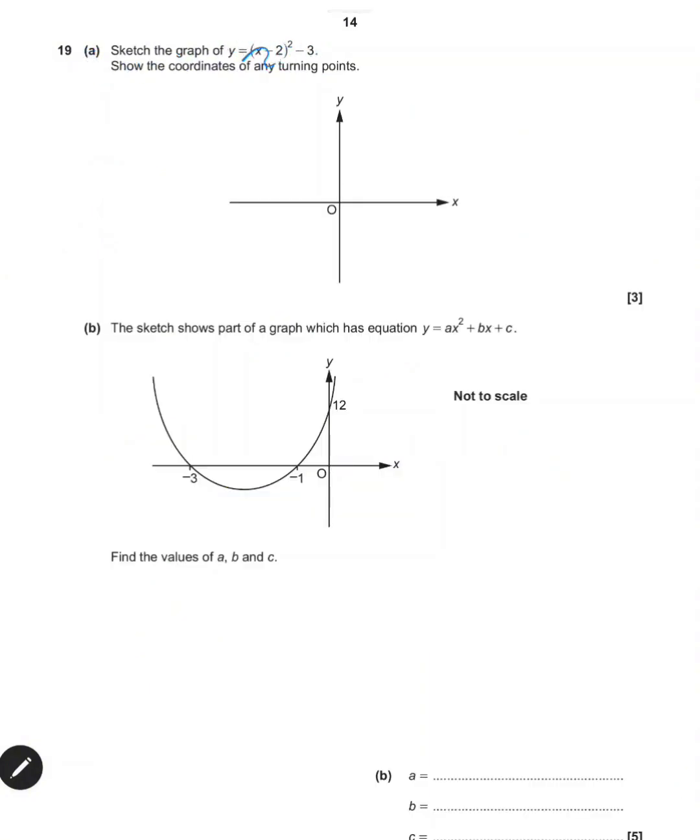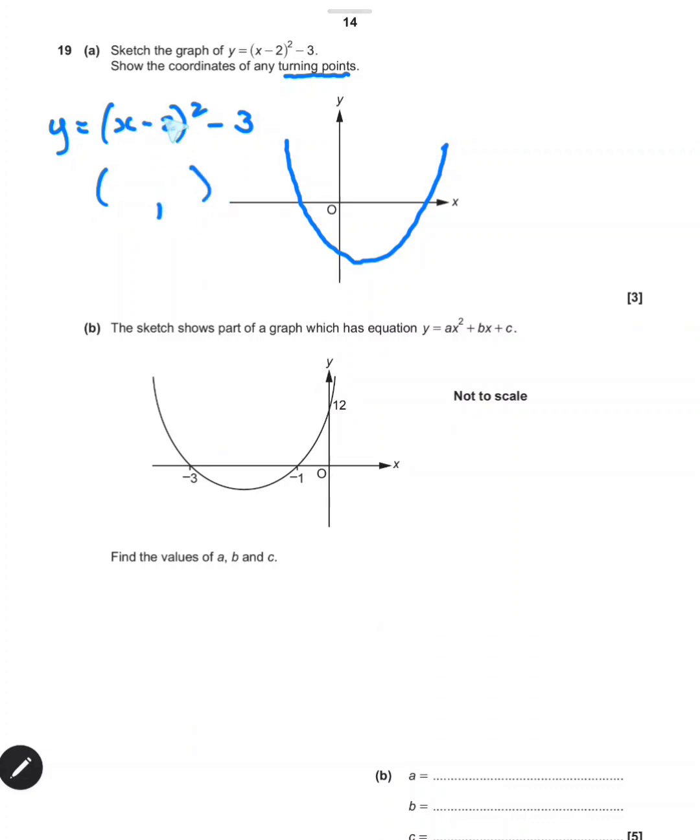Question 19, we've got a quadratic equation in completed square form. And what this leads to is what's called the turning point of the graph. A quadratic will always produce a U-shaped curve, and we can get a coordinate out of this completed square form if we just open some brackets.